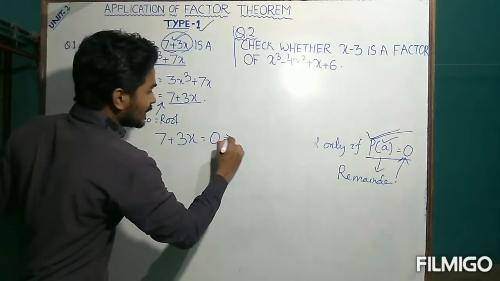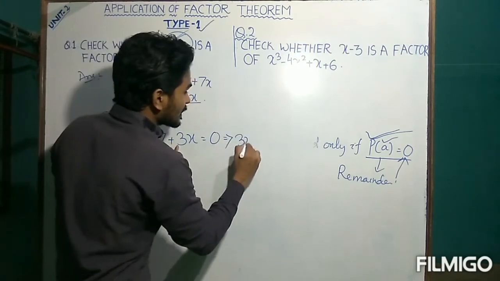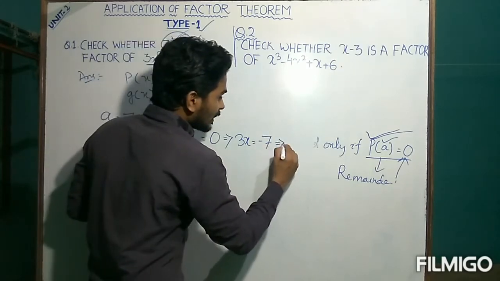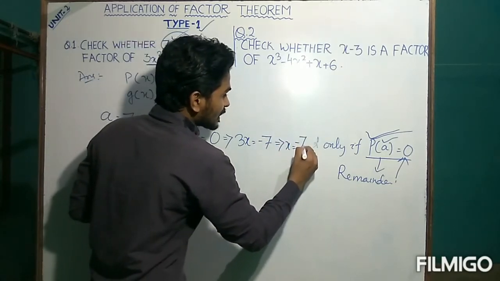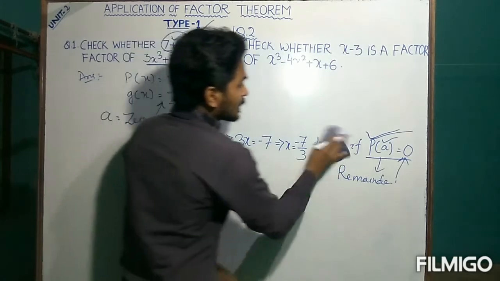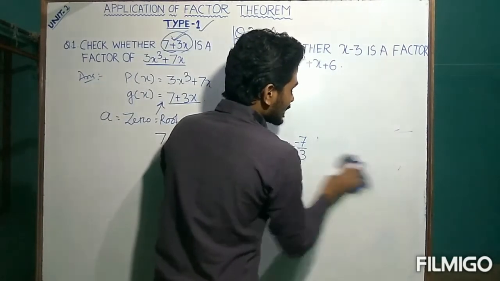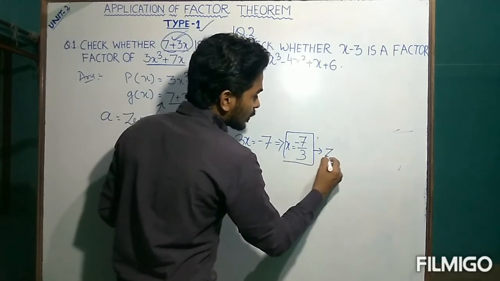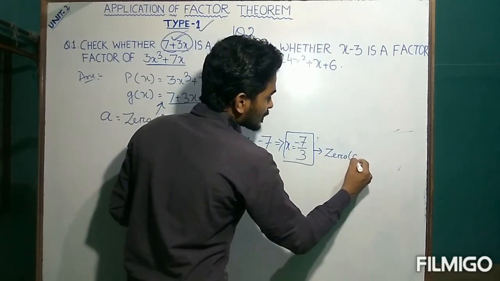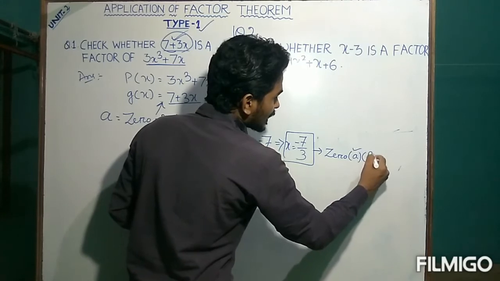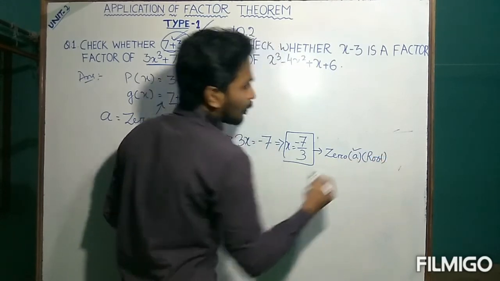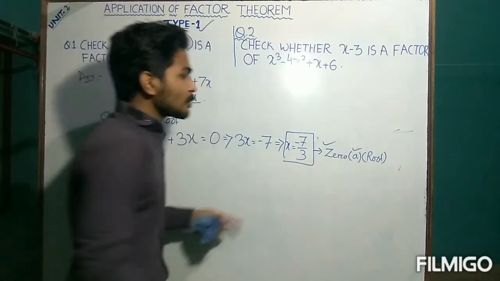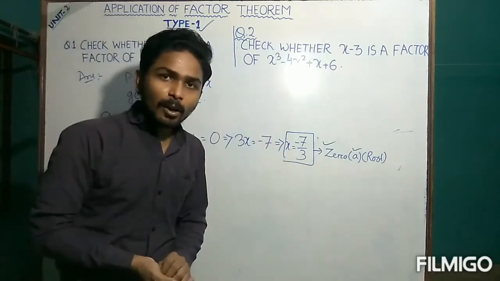Then we get 3x is equal to minus 7, and x is equal to minus 7 by 3. This is nothing but the zero of the polynomial. This is also known as a, or you can say the root of the divisor. So our first task, to find the value of a, has been completed.